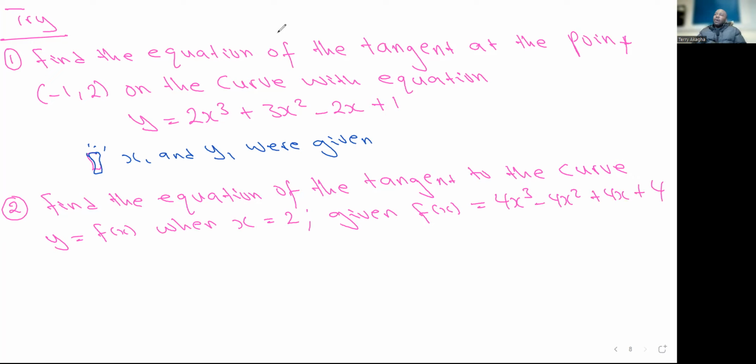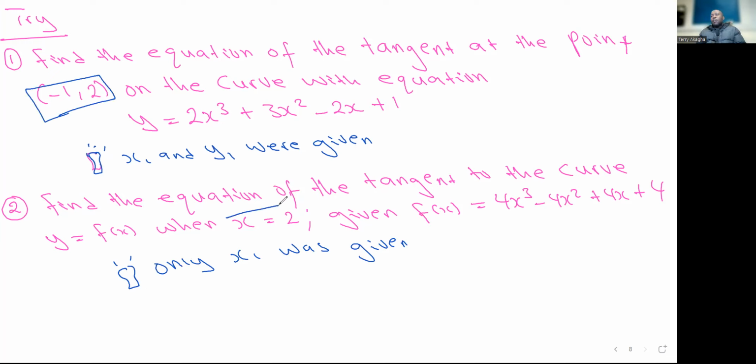You can see that in this case, which is a little bit different, only x1 was given. In the previous one, you had both x1 and y1, but this one, you only have the x1. So I want you to try this.